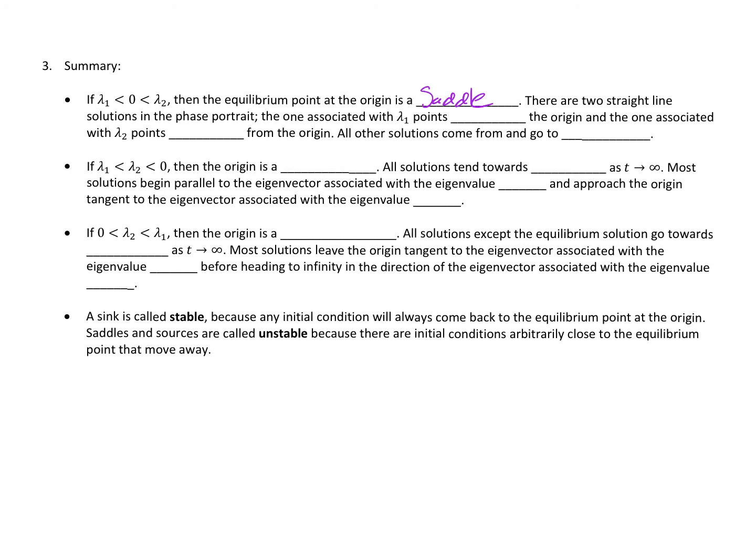The one associated with lambda 1, which I've said is negative, so it points towards the origin. And the one associated with lambda 2, the positive one, points away from the origin. And all other solutions come from and go towards infinity.